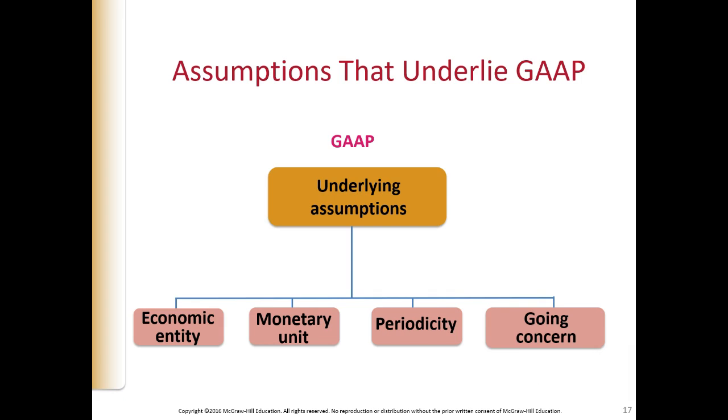Periodicity, this means that we need to show the information for a time period. Again, is it for 1 month, 1 quarter, or for 1 year? And then finally, the going concern concept means that unless other information is given, we always assume that the company is a going concern. In other words, will be in existence next year and into the foreseeable future.